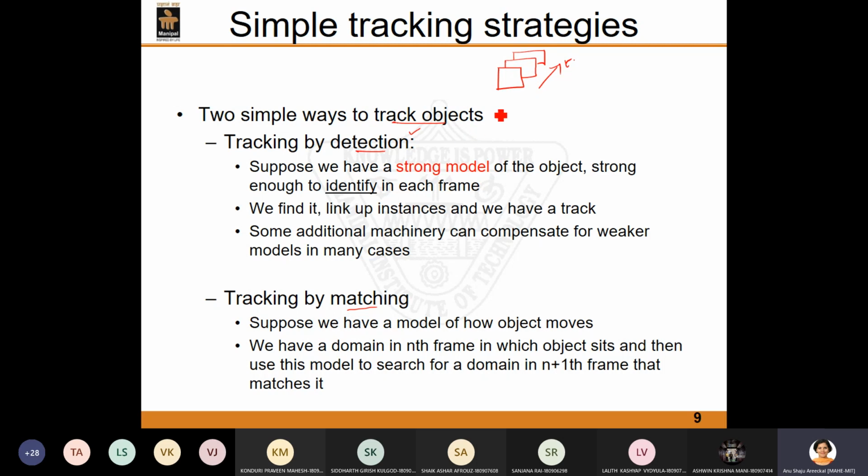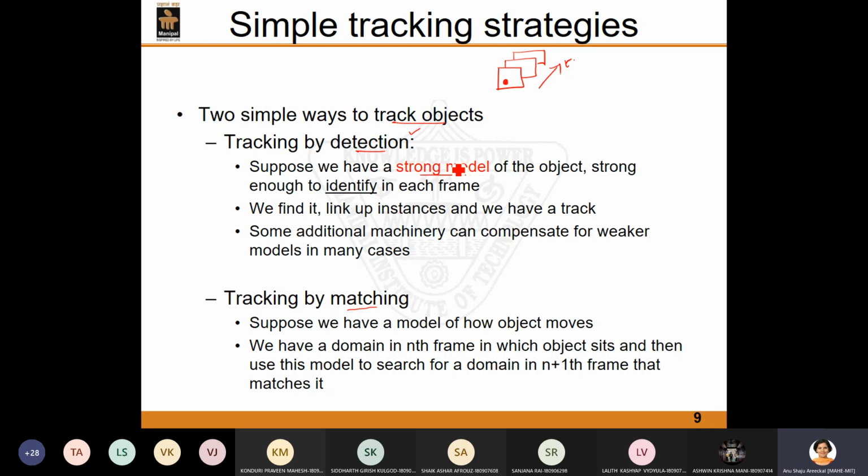In tracking by detection, you try to detect the object in the first frame itself. To ensure that you are detecting the object with very good accuracy, and that you are highly confident that it is exactly the object you're looking for, you need to use a strong model of the object.